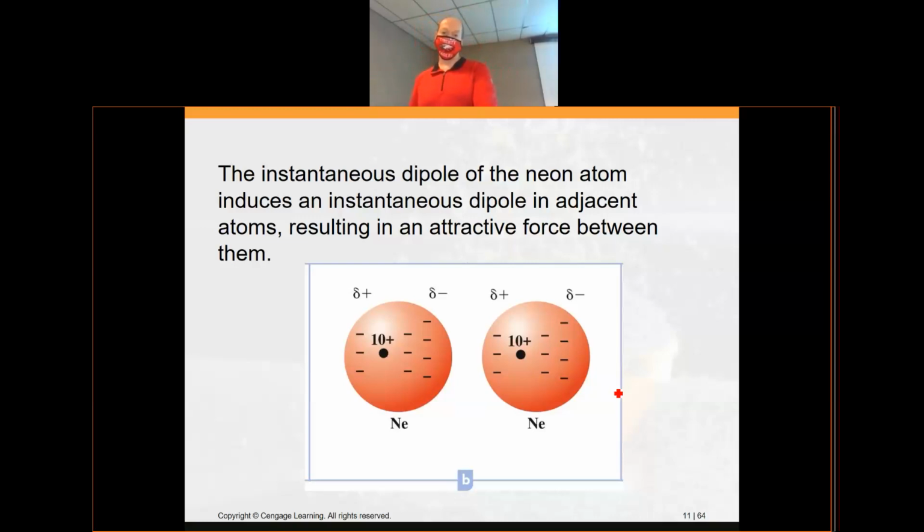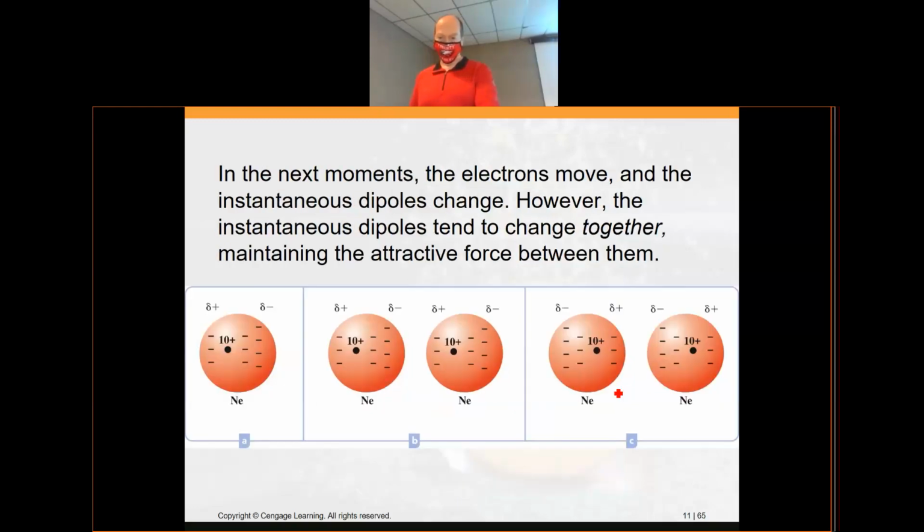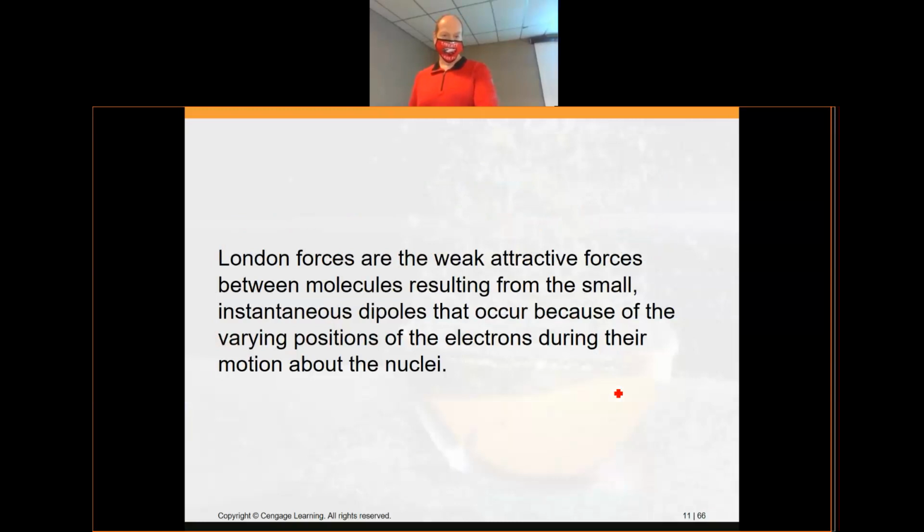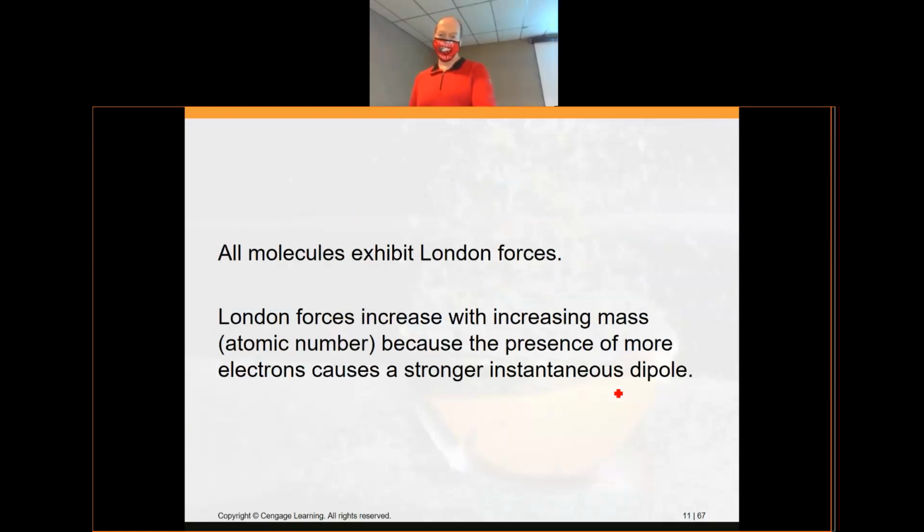Delta plus, delta minus, always attracting each other. And so it is a nonpolar atom, but it can be induced to have a dipole that is called the London force. So they are very weak, right? London forces are very weak. The larger the molar mass, the more London forces.